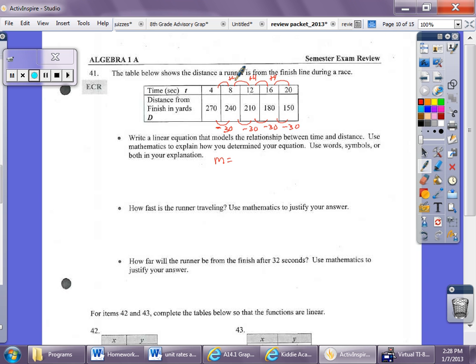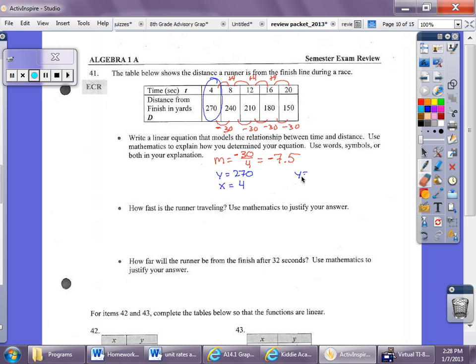So each time it's going up by 4, but the y value is going down by 30. So negative 30 over 4, which is negative 7.5. So we have our m. Now we can select a point. Our y value is 270, our x value is 4. So we have to figure out the b.